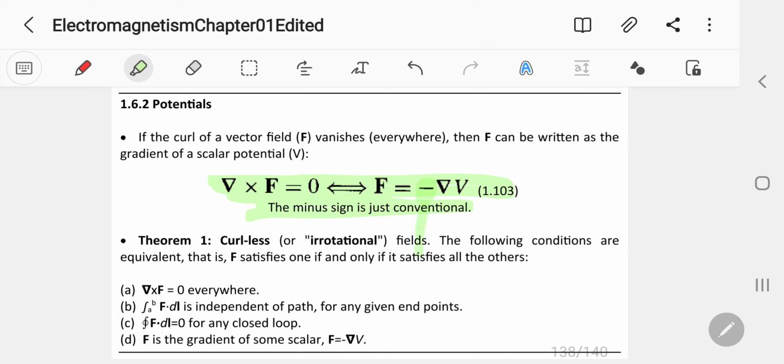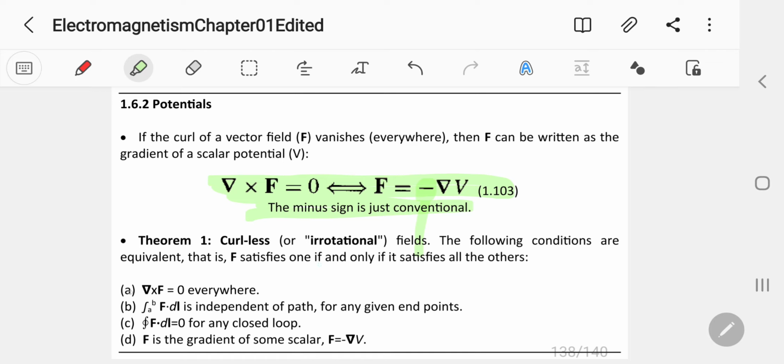You can do away with the negative. So one of the Helmholtz theorems is on curlless or irrotational fields. The following conditions are equivalent. That is, if F satisfies one, it satisfies all the others.